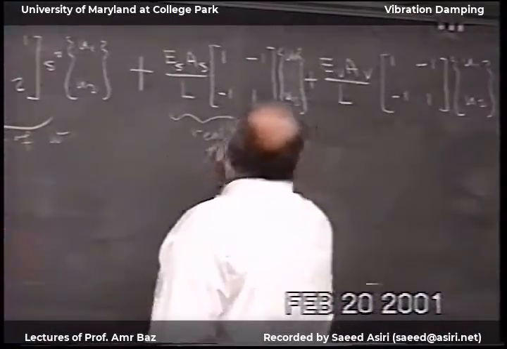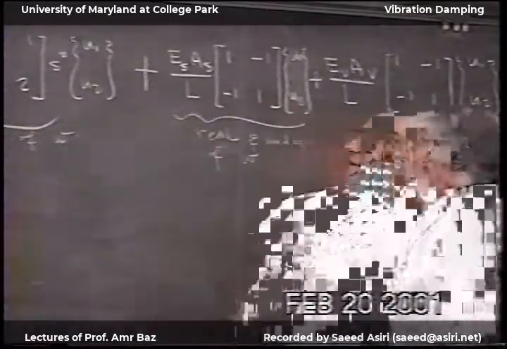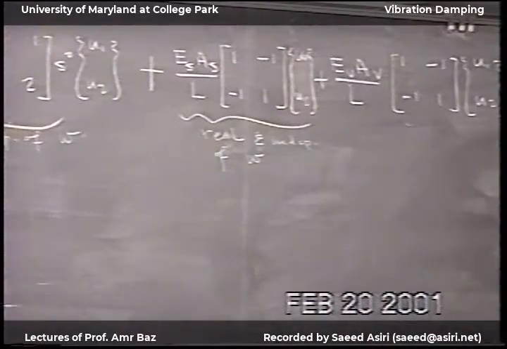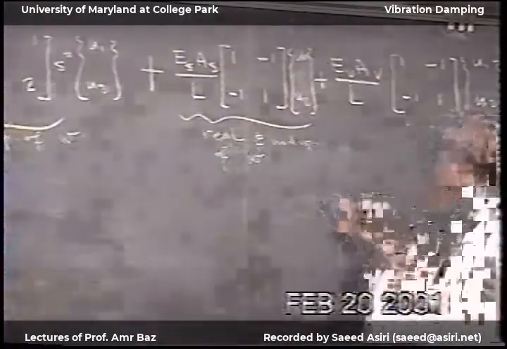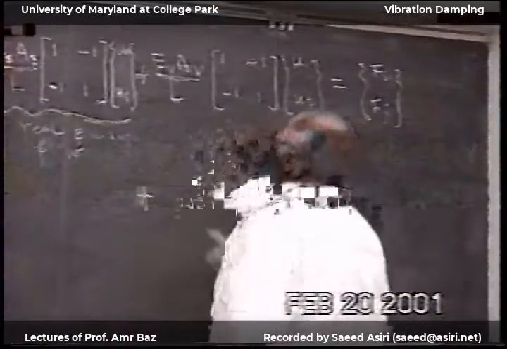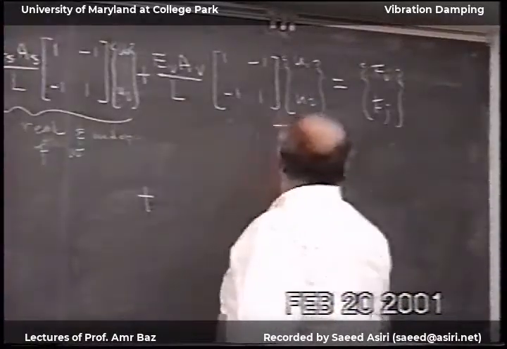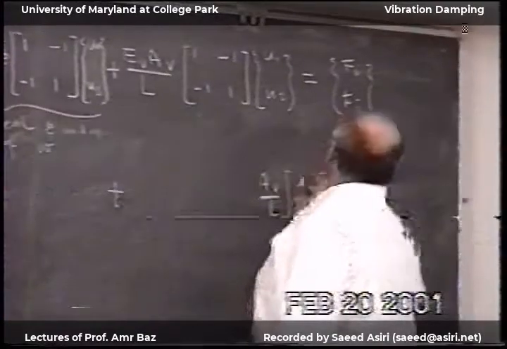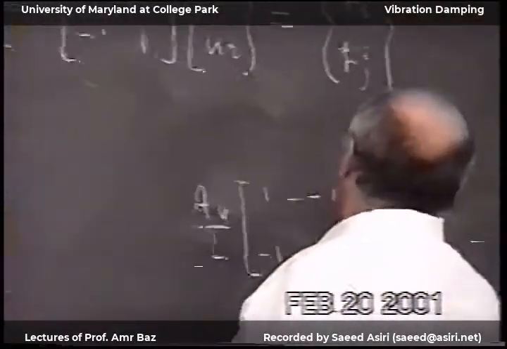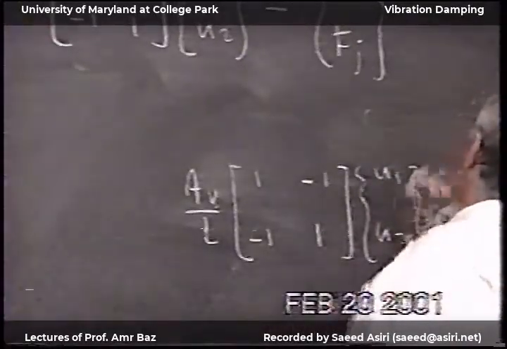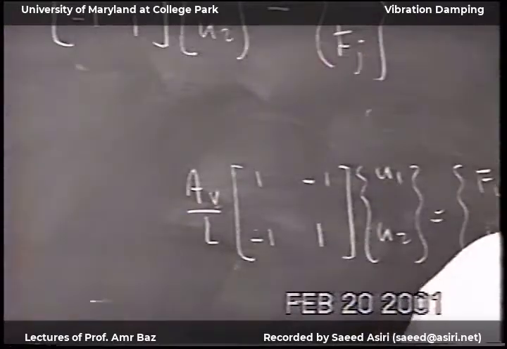So now we do this second term. I'm going to write it like this. We have here A over L, 1, 1, minus 1, and 1, U1, U2, phi, F J. Now the problem is in this Young modulus of the viscoelastic material.